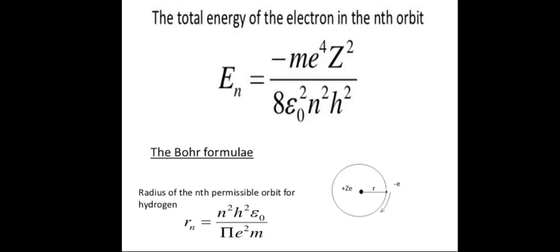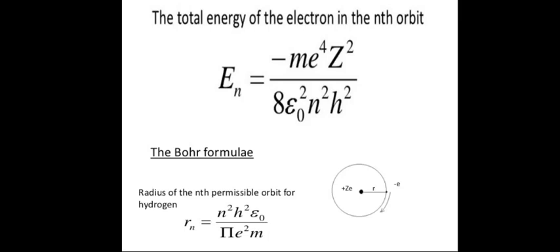with Z equal to 1, is n square h square epsilon naught divided by pi m e square, and the total energy of the electron in the nth orbit is minus m e raised to 4 Z square divided by 8 epsilon naught square n square h square.